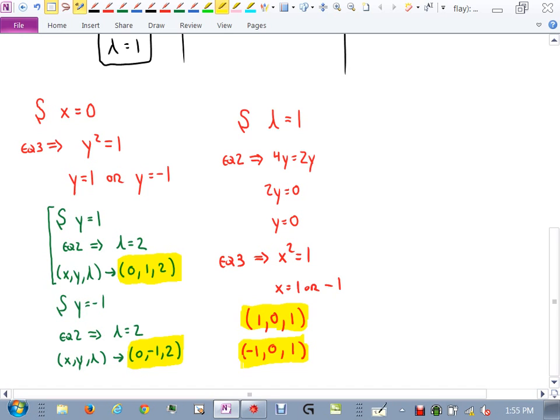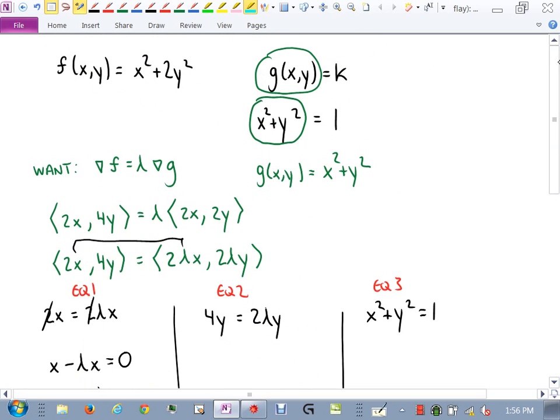Now be careful. This is not x, y, z, is it? It's x, y, lambda. So to figure out the maximum and minimums, all we're really going to focus our attention on are the x's and y's. And we're going to take those x, y's and plug them where?